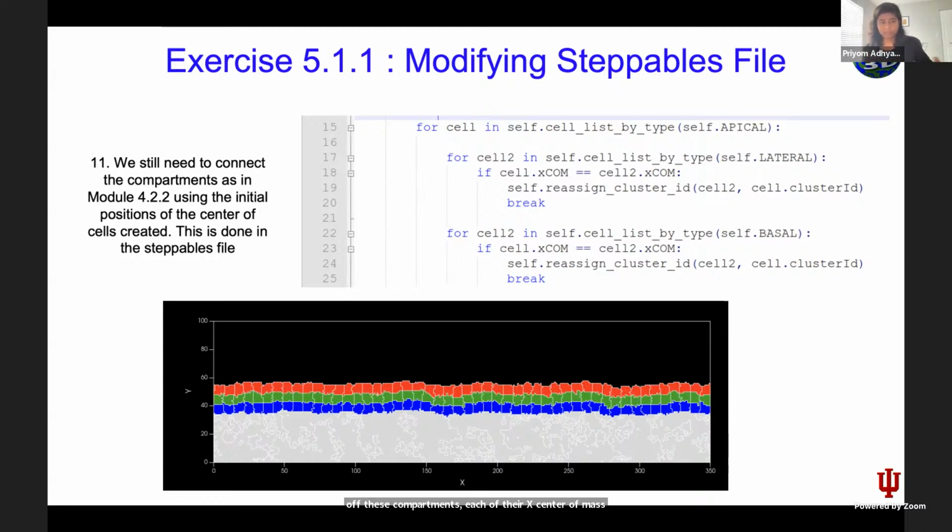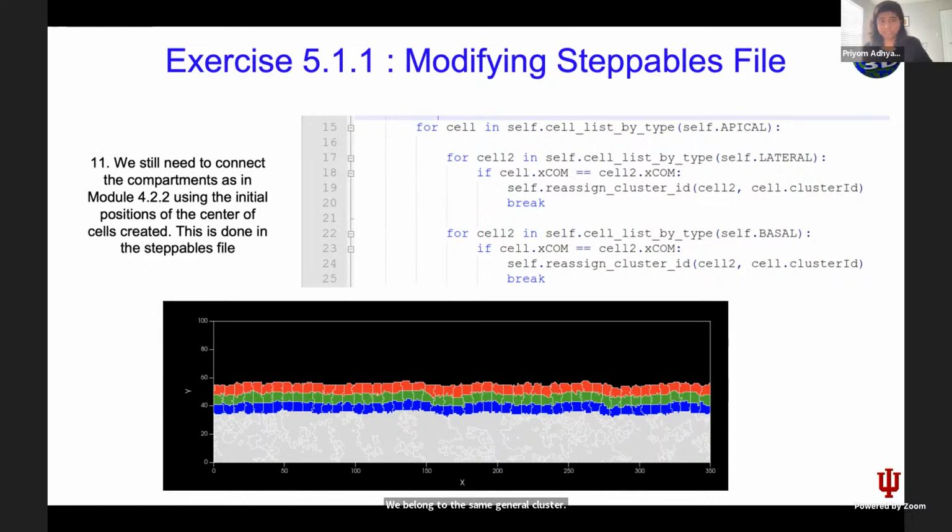And that helps because you can start off with any apical cell, read its center of mass, and say that if I can find a lateral cell or a basal cell which has the same center of mass, that must mean that we were created in the same place and we belong to the same general cluster ID.